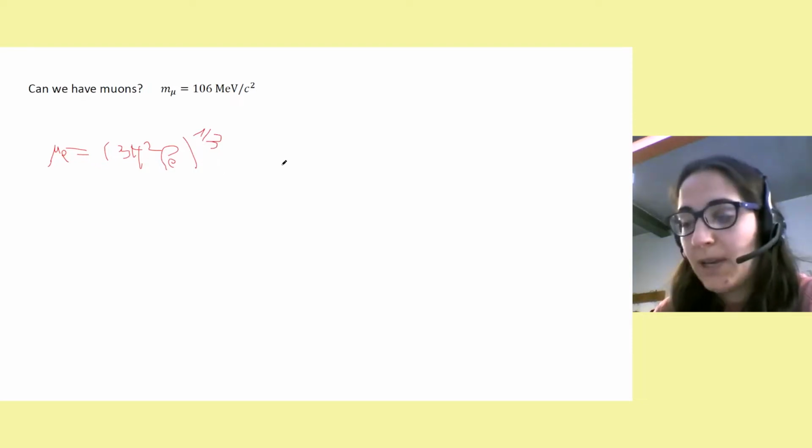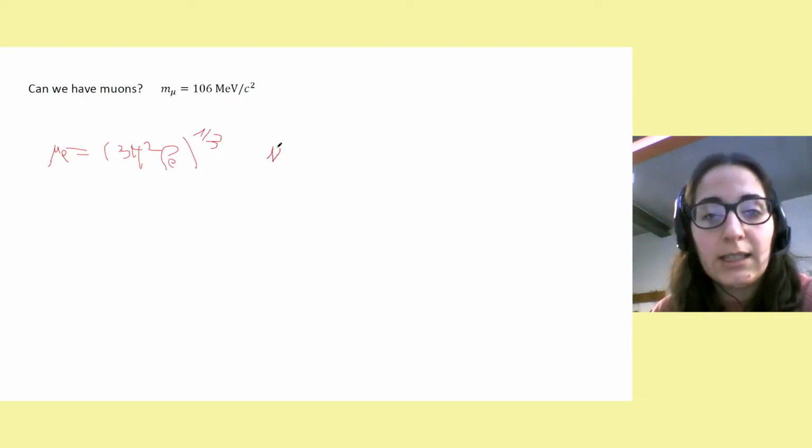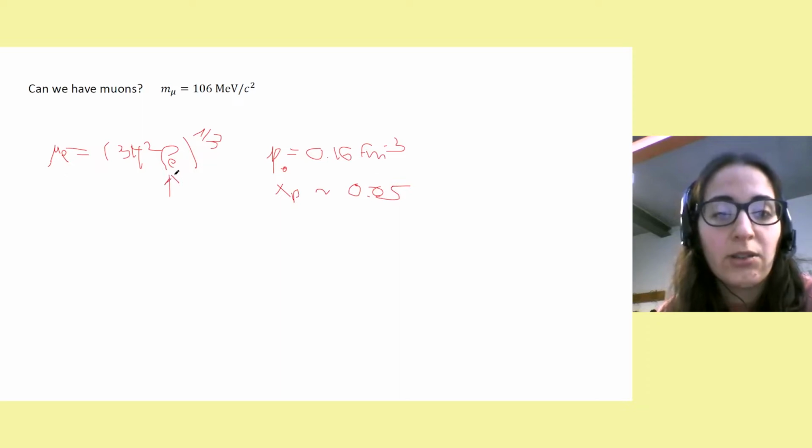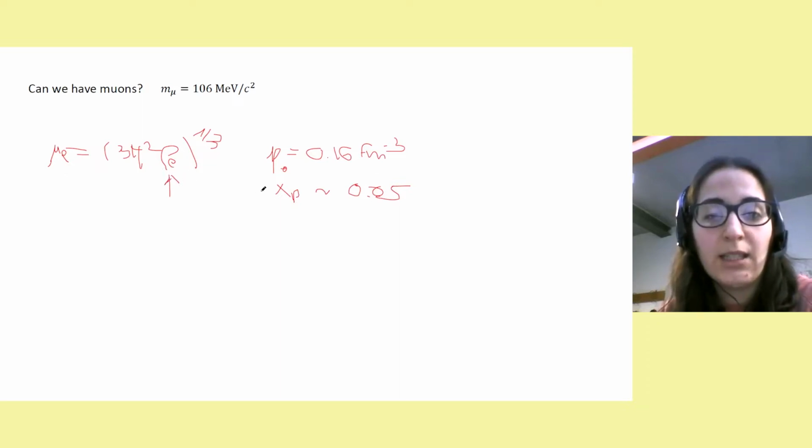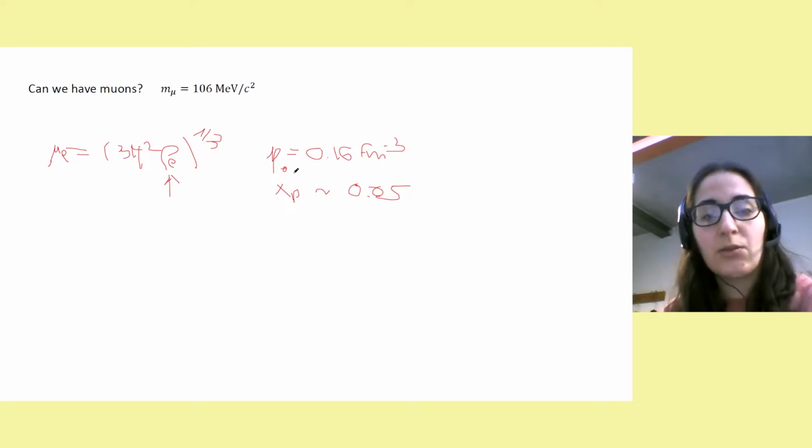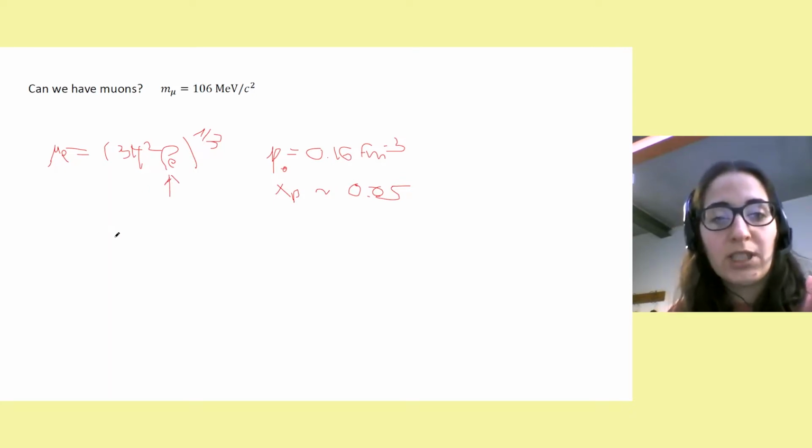Okay, let's calculate this value at saturation density, rho 0 equal to 0.16 fm^-3, and a proton fraction, let's say, of the order of 0.05. Okay, so this electron density is the same as the proton density, which is the proton fraction times the saturation density. What value do you get for this chemical potential?